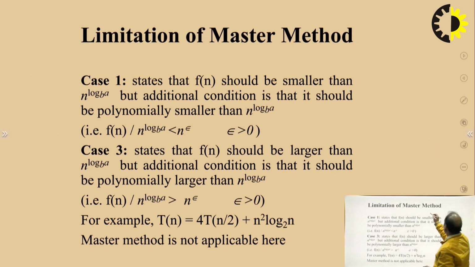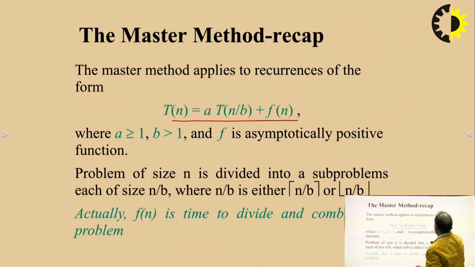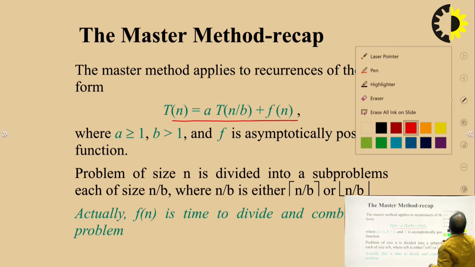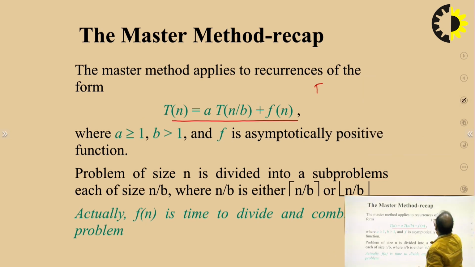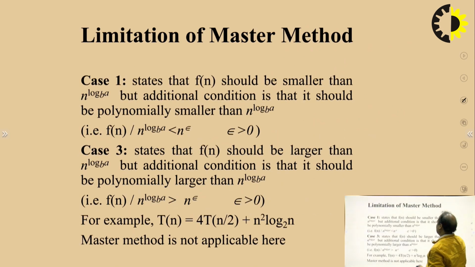Yes. Suppose this is the recurrence: T(n) = 4T(n/2) + n² log n.